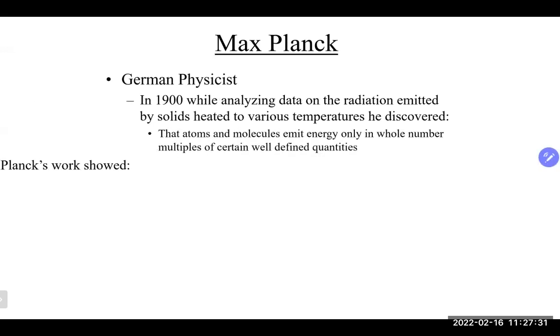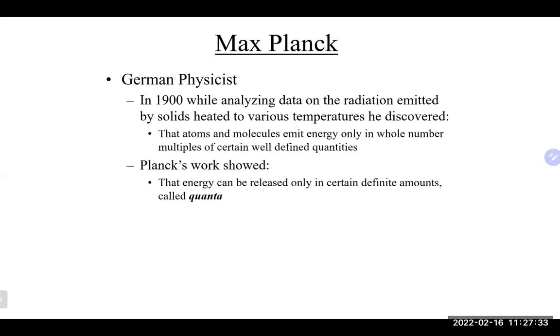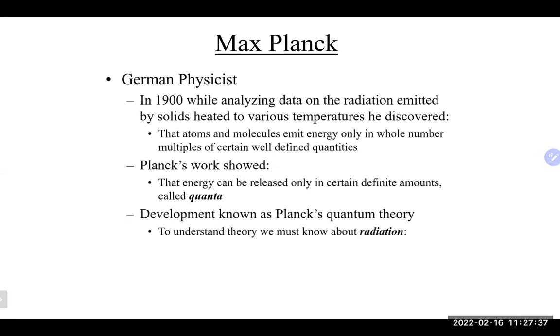So a lot of work was done early on with waves and electrons by a guy named Planck. And he did a lot of work heating various metals and solids to different temperatures.